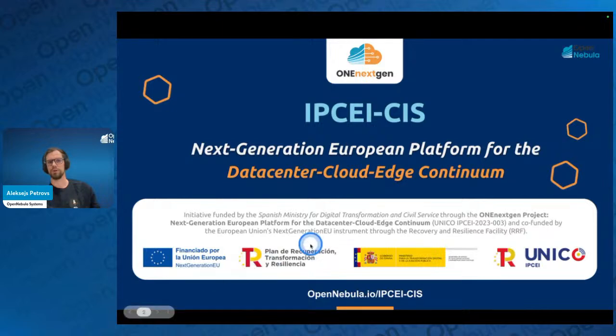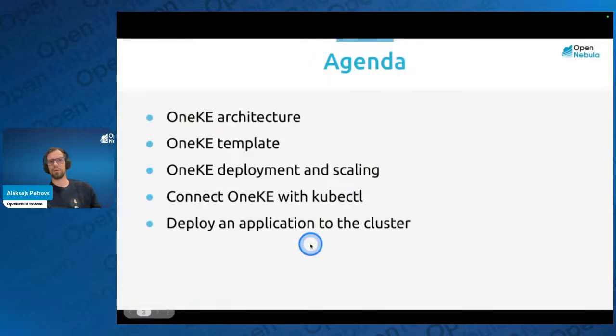the webinar. Right. Again, our agenda for today, we are going to discuss OneKE architecture. That is the OpenNebula Kubernetes Engine. Then we are going to talk about the template or templates that we have there. Then we are going to deploy OneKE and also talk about scaling a little bit, as well as going to connect to that cluster using kube command, kubectl.